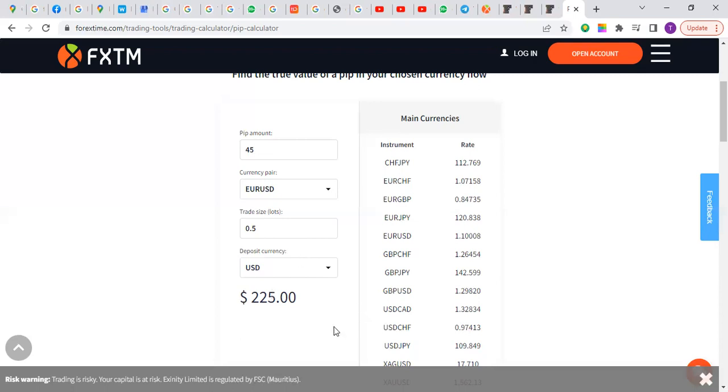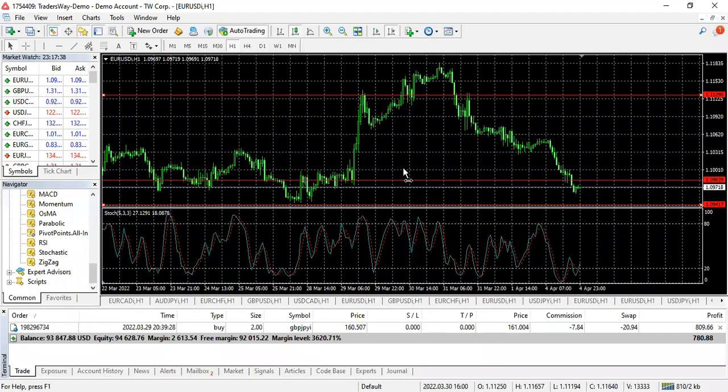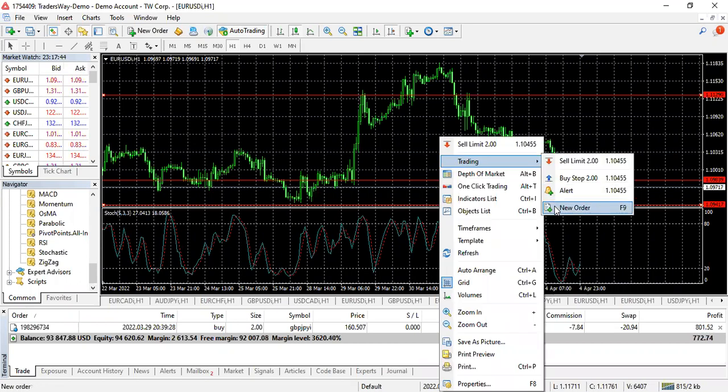So let us try this now on our MT4. Back to our MT4, I want to take such a trade. So new trade.